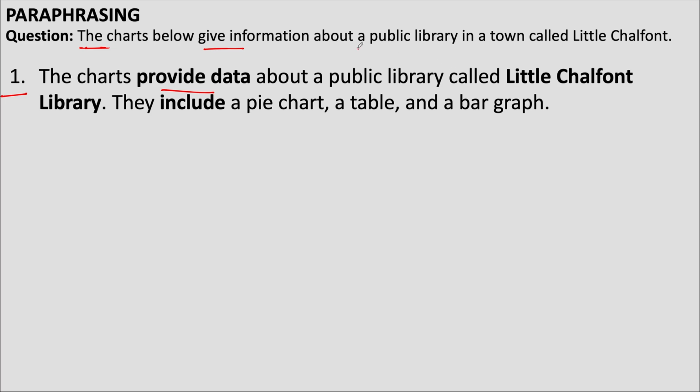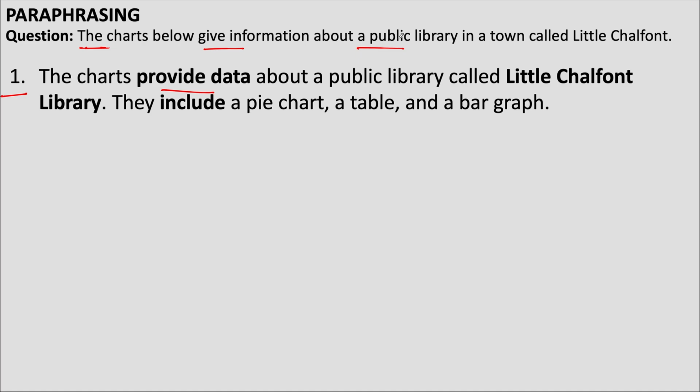Instead of a public library in a town called Little Chalfont, I've simply used the name of the library from the chart heading. And because the question is very short, I've added one more sentence mentioning the three charts, a pie chart, a table, and a bar graph.